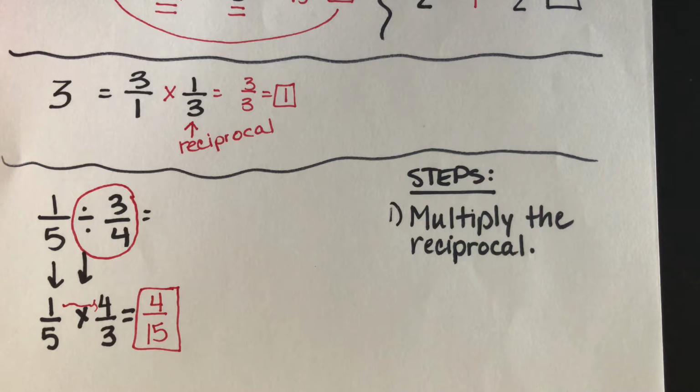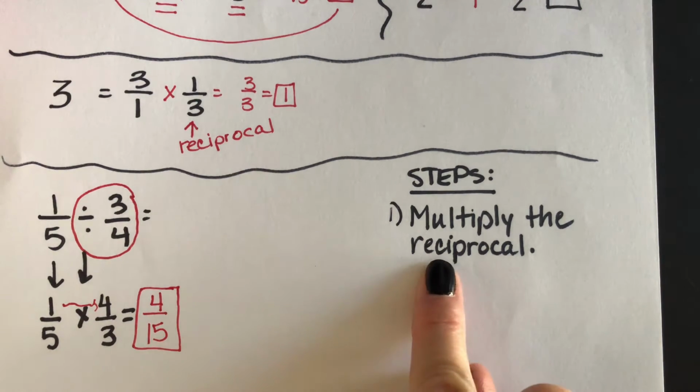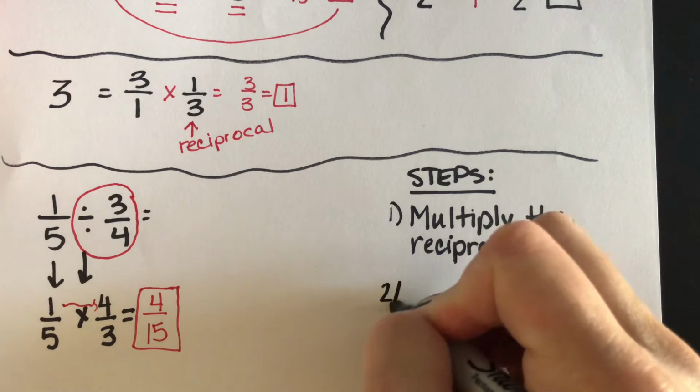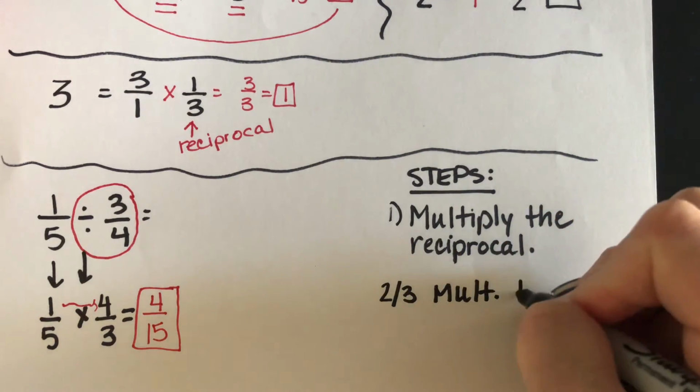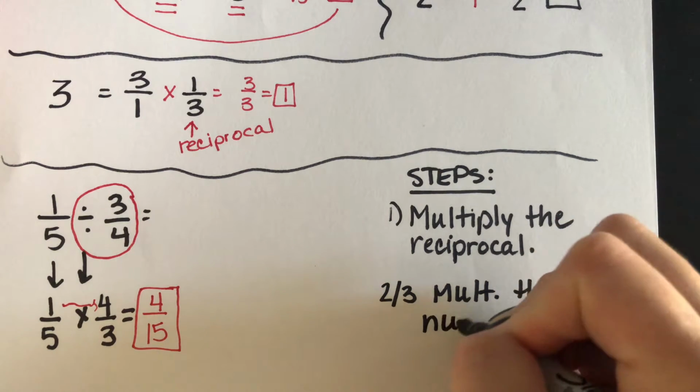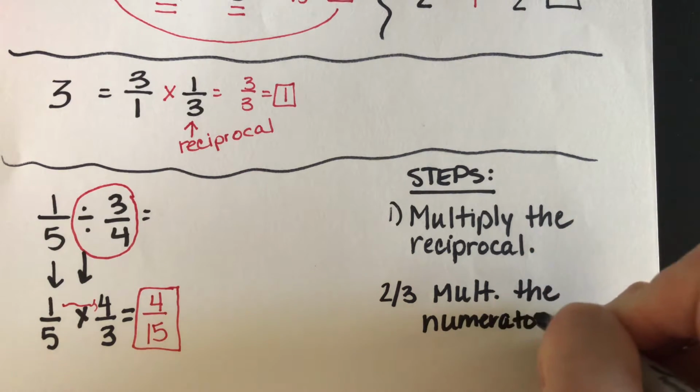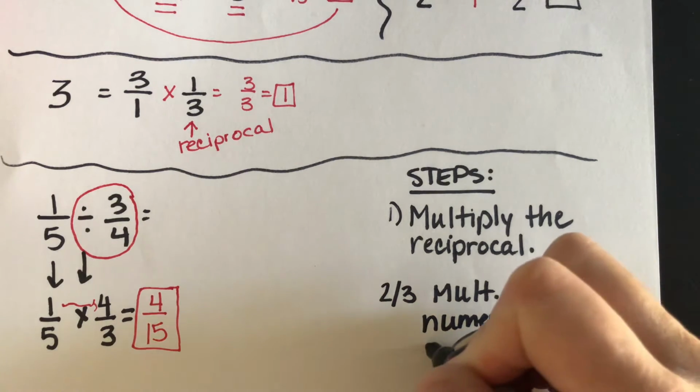So step 1, multiply reciprocal. Steps 2 and 3, multiply the numerator and denominator.